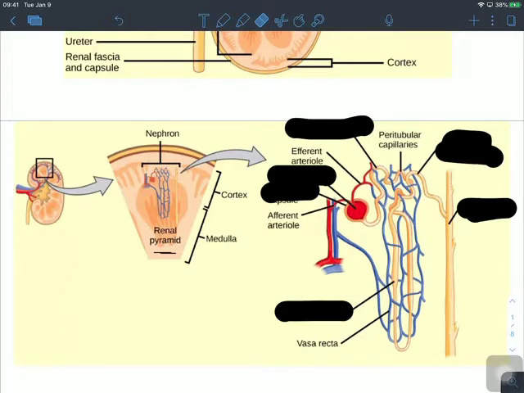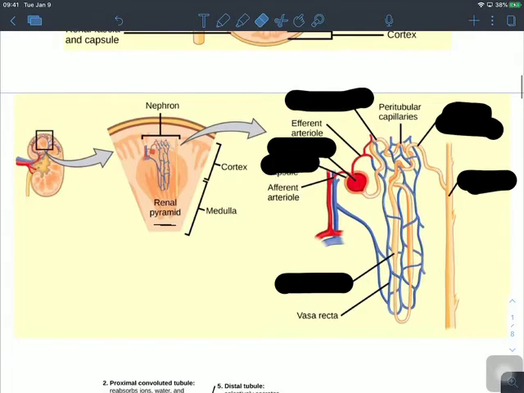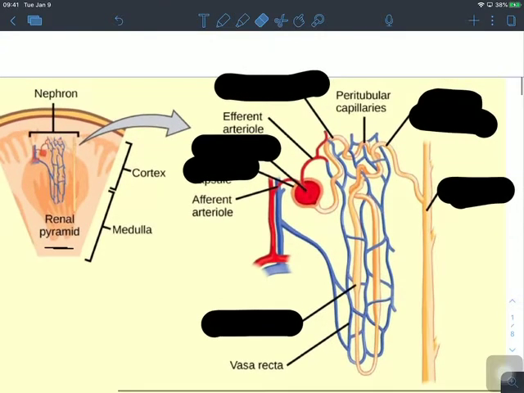So this feature of filtering out ions that you do not need or do not want in your bloodstream, or wastes, is something that is consistent across all animals. Our nephrons are structured a little bit differently, so we'll be paying attention to the mammalian nephron type.